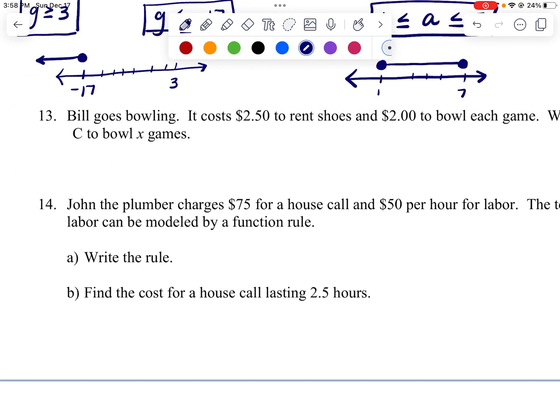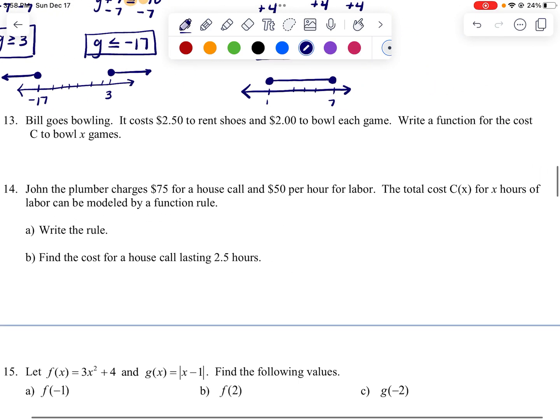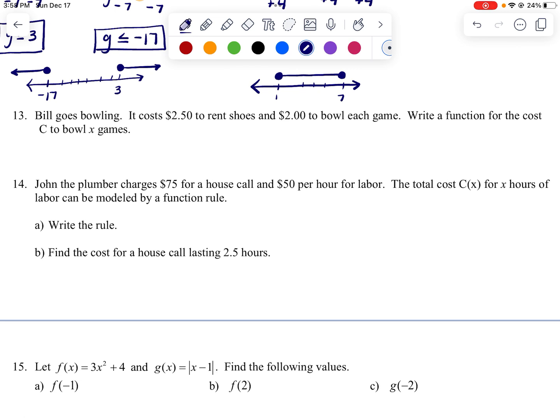So number 13, Bill goes bowling. It costs $2.50 to rent shoes and $2 to bowl each game. Write a function for the cost, C, to bowl 8 games.